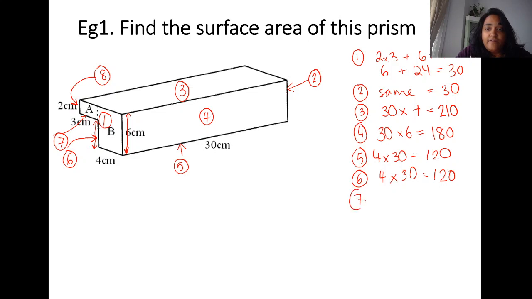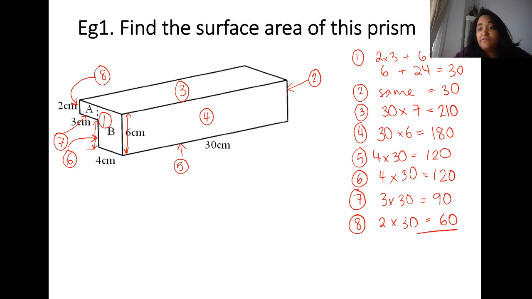The seventh face pointing up, we've got 3, and then it's going to be the same as the length. So 3 times 30 is 90, and our last face, number 8, that's going to be 2 times 30. Okay, good. So we've got lots of faces there. I'm going to cheat and use my calculator.